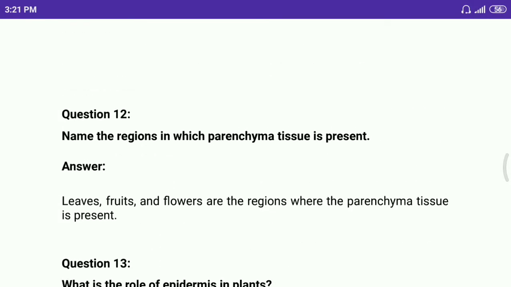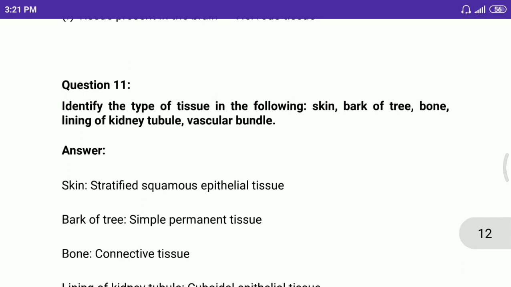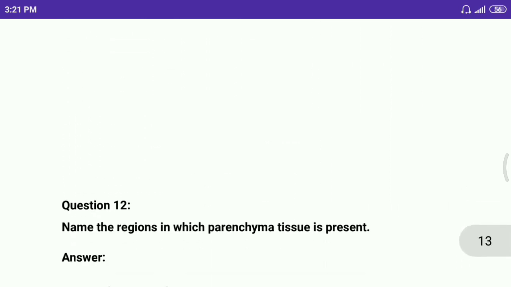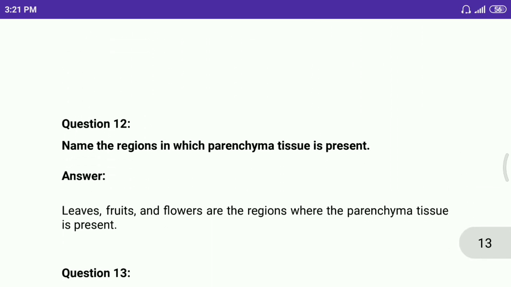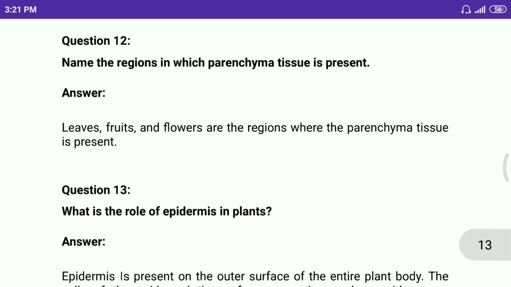Name the regions in which parenchyma tissue is present. This question is not that important, okay? So we go further. Leaf, fruits, and flowers are the regions where parenchyma tissue is present.